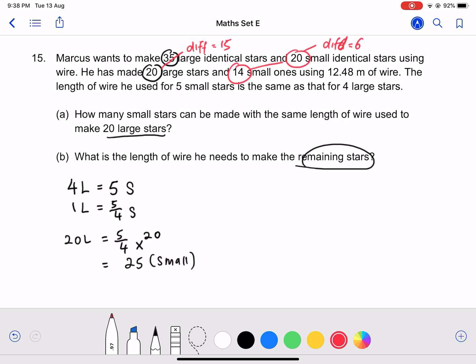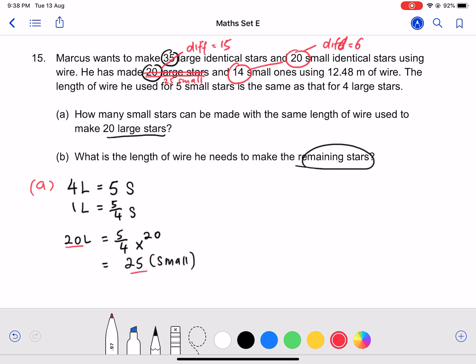Alright, so right now, what happens is that this 20 large, we can actually substitute them to make it look like it's small. Because at the start of part A, we already know that 20 large is 25 small. So this 20 large, we're going to change that to 25 small.